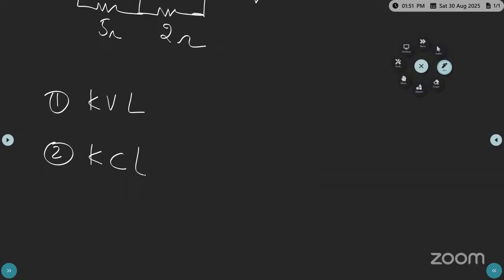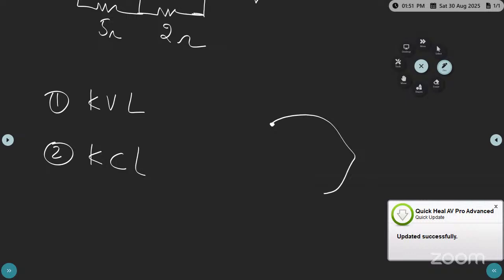Loop is nothing but the starting point and end point being the same. I start from here, travel anywhere, and end at the same point.